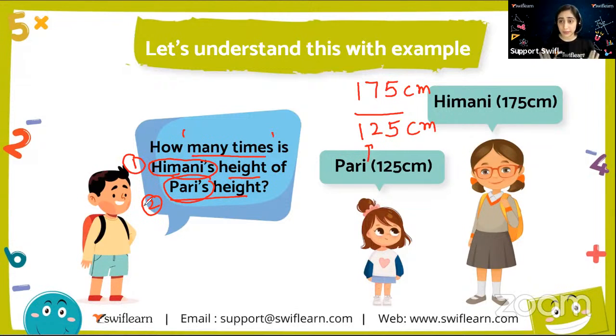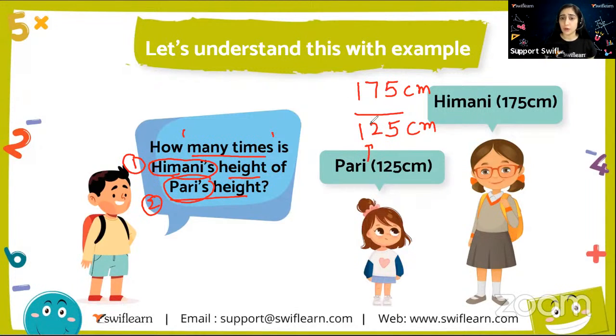There are two girls, one is Himani and one is Pari, right? The question says compare Himani's height with Pari's. So we'll write Himani's height on the top and Pari's height at the bottom.